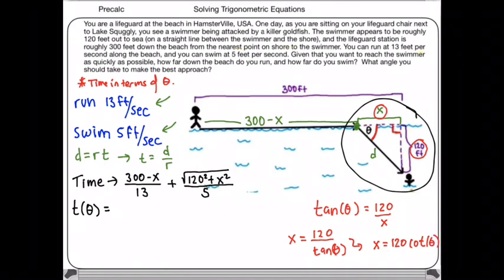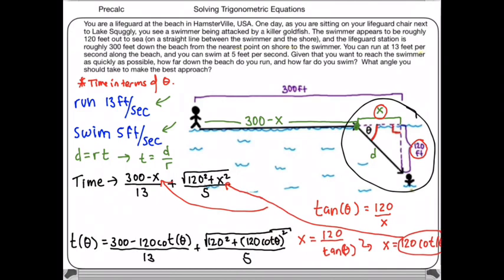So that means each one of these x's over here, we could put in a cotangent theta, from here and here. And so we can write a new formula that's going to look like this.